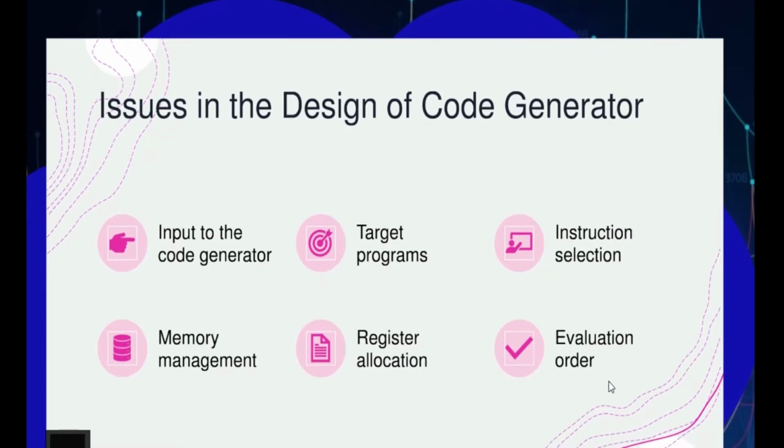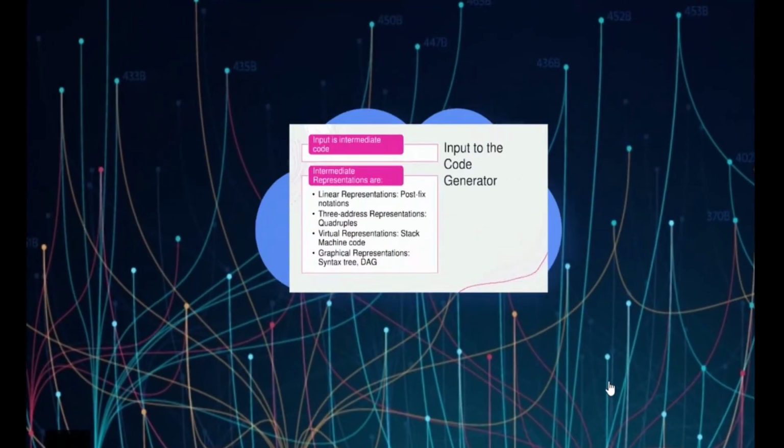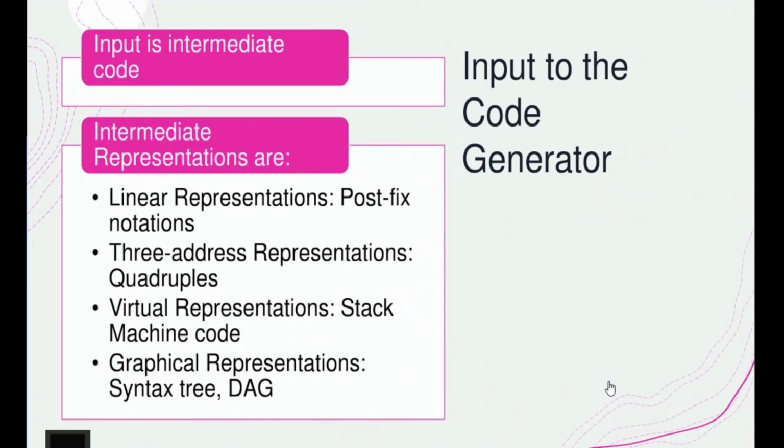First issue, input to the code generator. The input of the code generator is the intermediate code of the source program together with the symbol table. This is the input given to our code generator. And along with that, we need to provide the runtime addresses of the data objects.